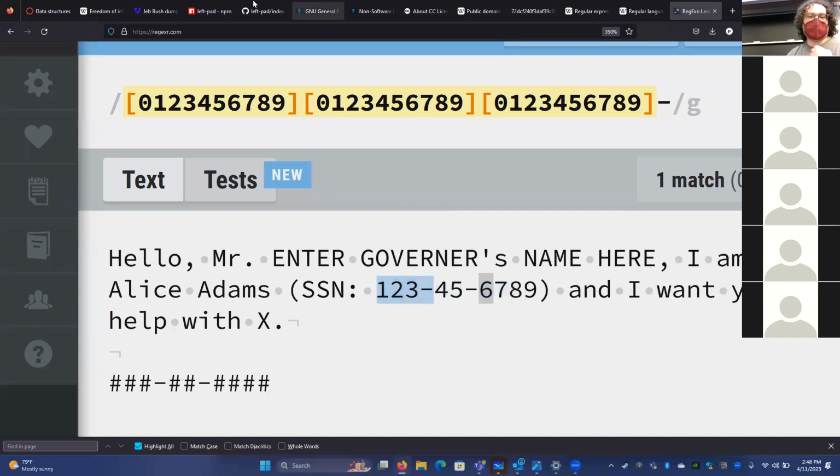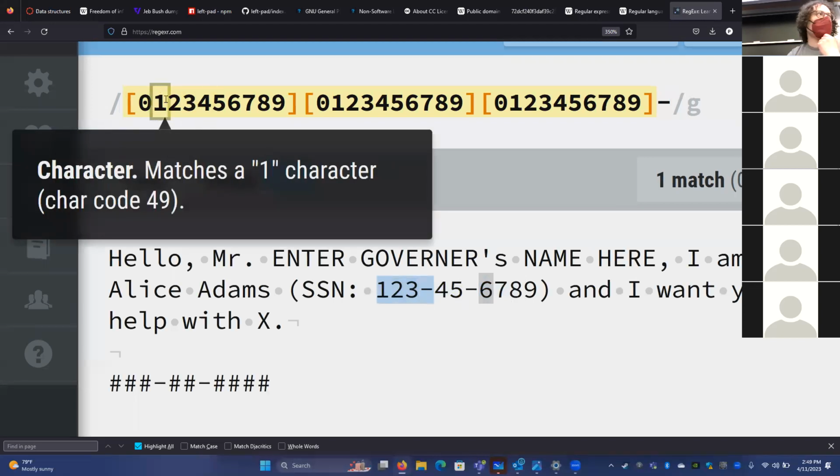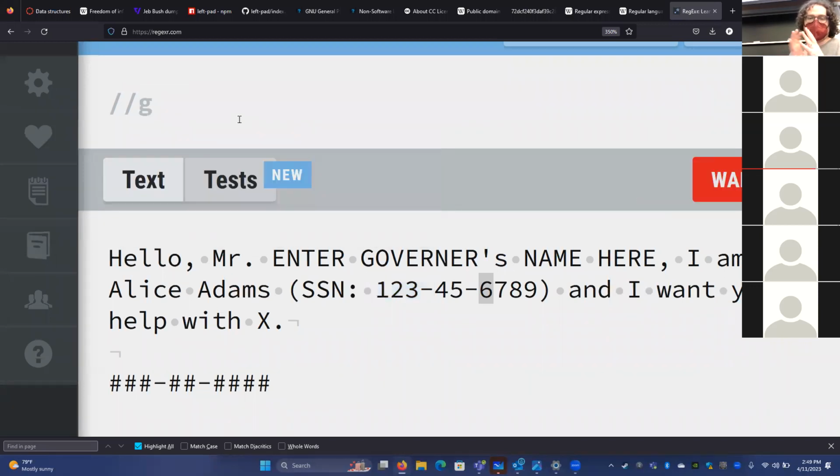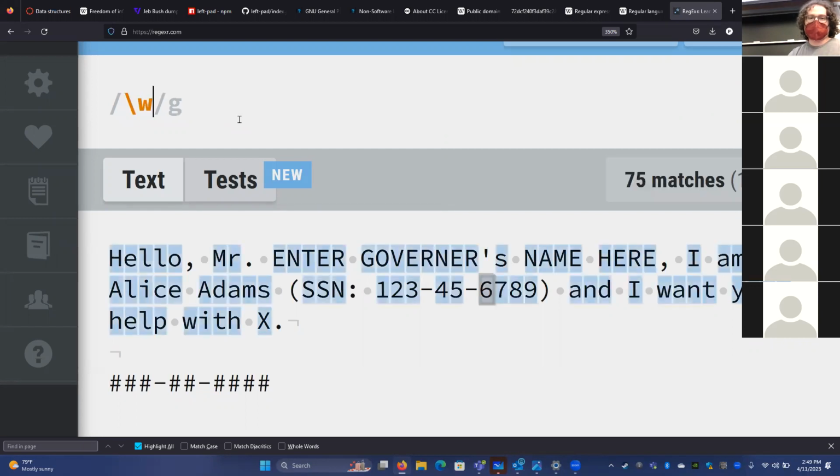Okay. Now you imagine that if I copy paste this a while, it's going to get rather long and obnoxious. So it turns out that for these character sets, we have some very common ones already programmed in that we can use with escape characters that we learned all the way back in the first few lectures. So for instance, we can use \w to find any single wordy character.